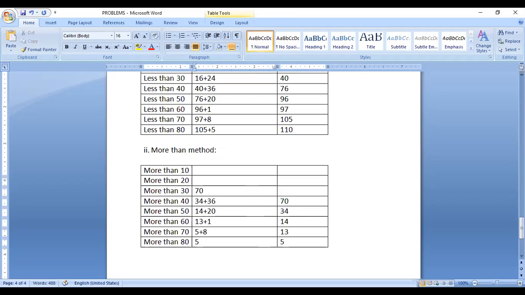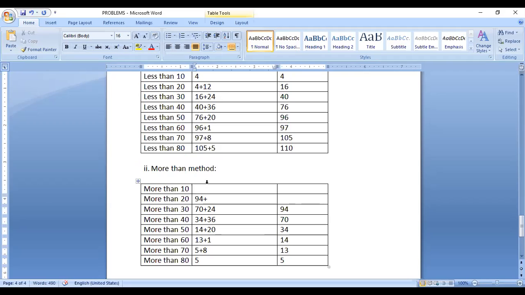Then 70 plus 24 is there, 94. Then 94 plus 12 is there, 106. Then 106 plus 4 is there, 110.